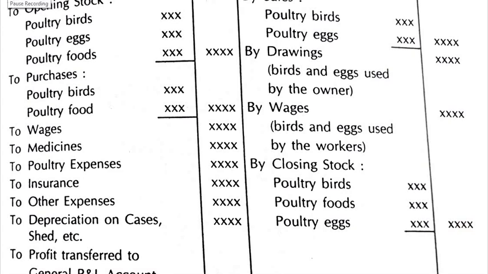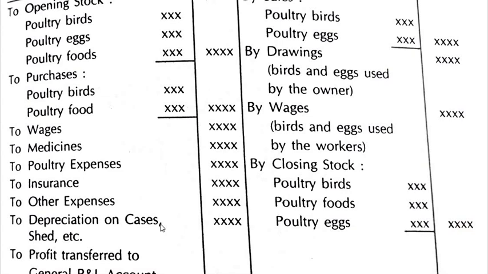Now what are these cases? Depreciation on cases is on the trays or the cases which are being used. Normally in a chicken shop, you find the birds are put into different cases, into those trays, and the food grains are put onto those particular trays.